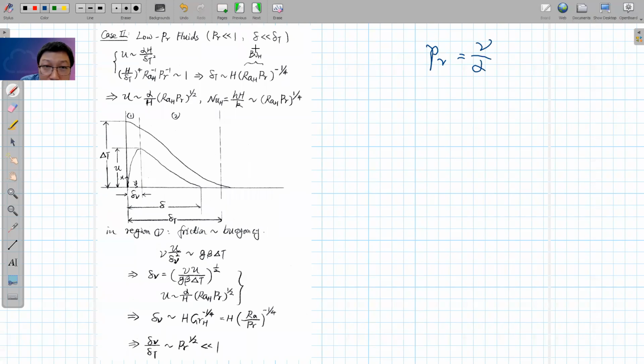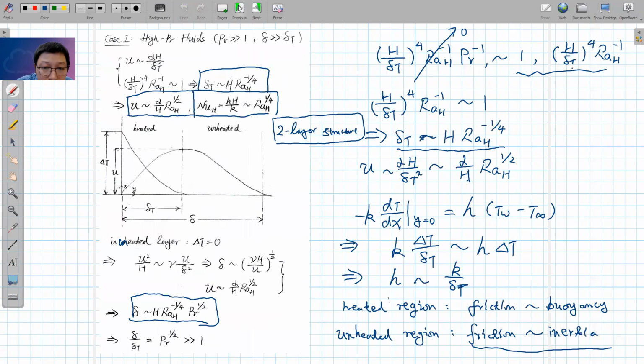And because alpha is relatively bigger, the thermal boundary layer delta t will be bigger.